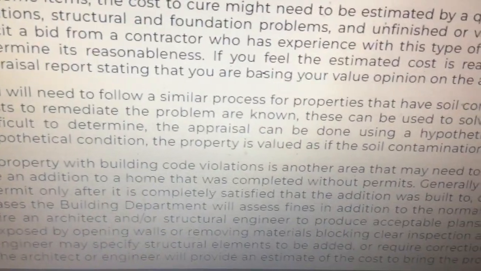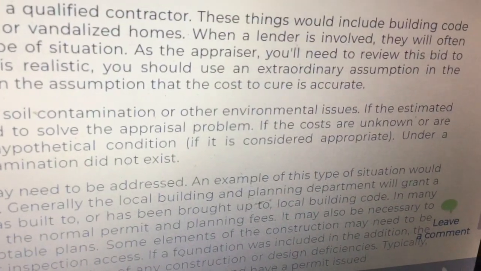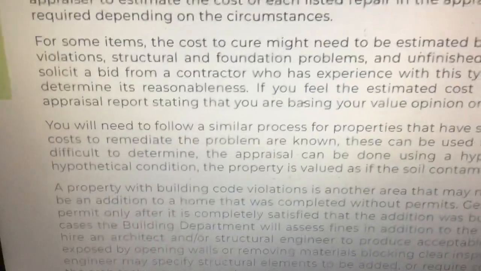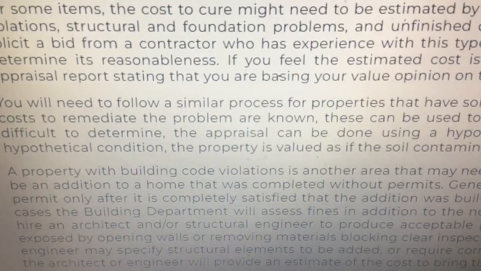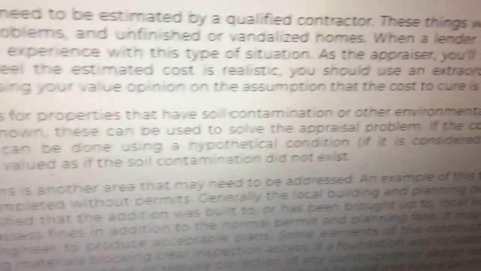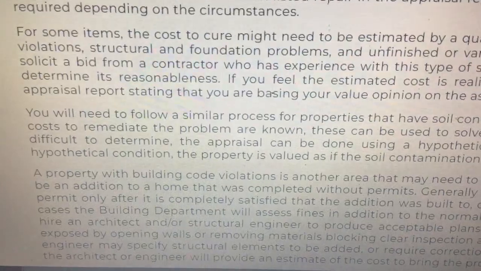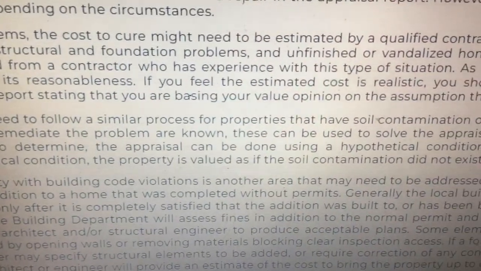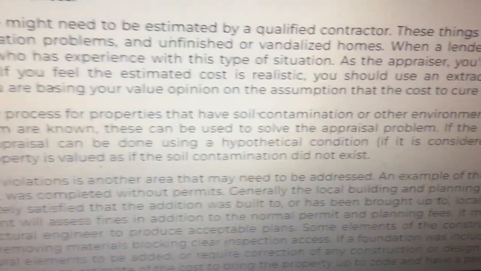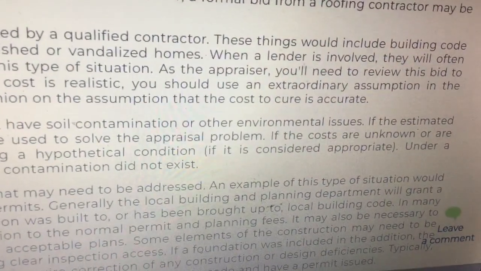A property with building code violations is another area that may need to be addressed. An example of this type of situation would be an addition to a home that was completed without permits. Generally, the local building and planning department will grant a permit only after it is completely satisfied that the addition was built to or has been brought up to local building code.